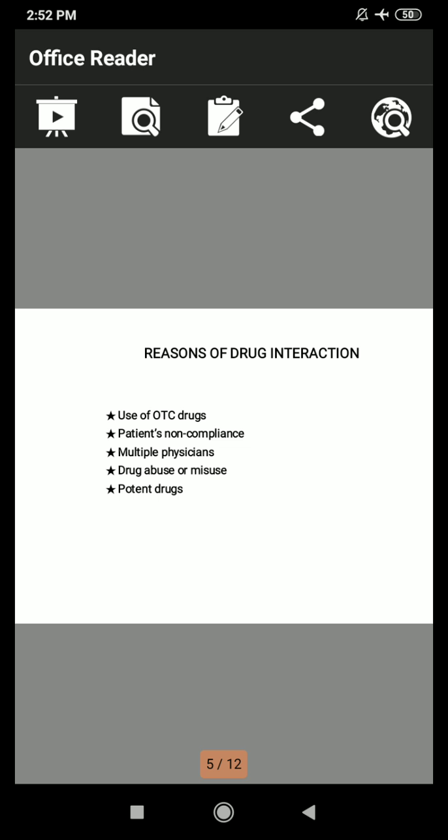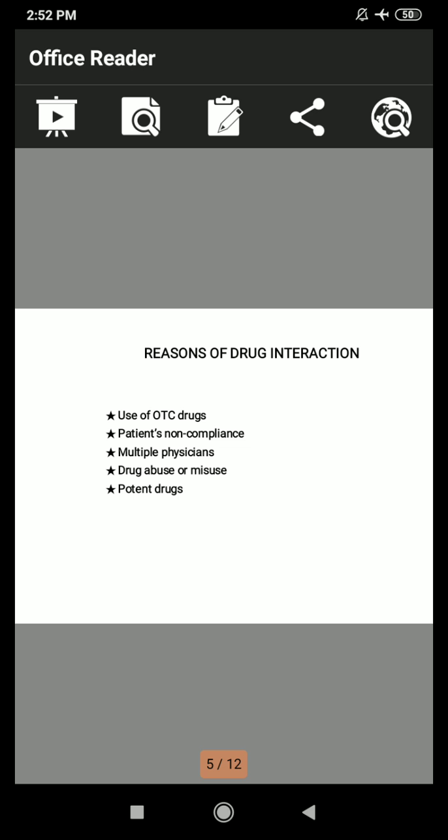The next point is reasons of drug interaction. First is use of OTC drugs, second patient non-compliance, third multiple physicians, fourth drug abuse or misuse, and fifth potent drugs. Now see the first, use of OTC drugs.